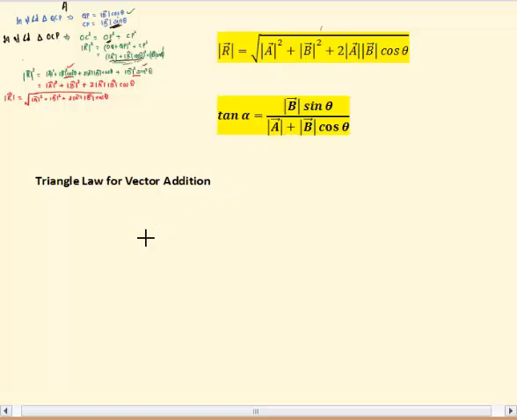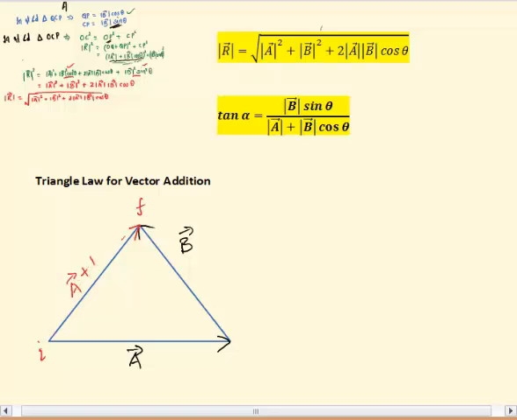If in any triangle, let's say this triangle, we have this as vector A, and suppose this is vector B, then the addition of A and B will represent this vector here, which starts from this point to the final point, is A plus B. This is the triangle law for vector addition.